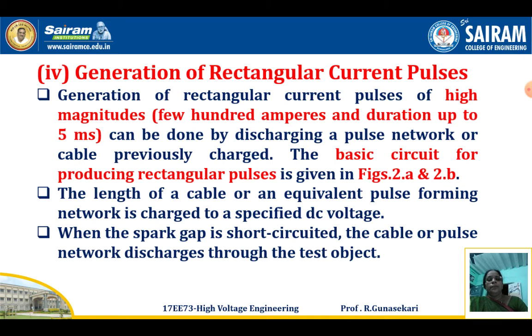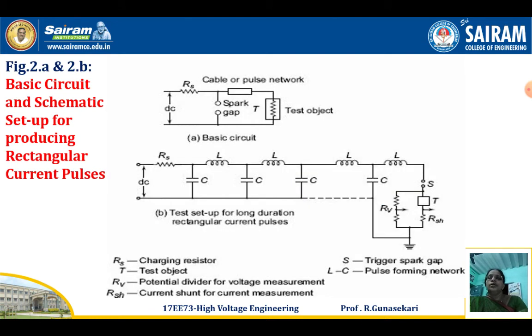So the basic circuit and the setup for producing the rectangular pulses are shown in figures 2a and 2b. Now you see the circuit diagram. Figure A represents the basic circuit of rectangular current pulses. The input is DC, then next Rs, the charging resistor.